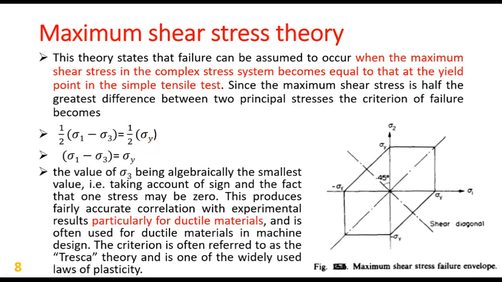in the tensile test. So we have to equate this with the maximum shear stress, and maximum shear stress, if you know the Mohr circle, is equal to (sigma 1 minus sigma 3) over 2, because this is the diameter and half of this is the radius, and the shear stress is equal to the radius.